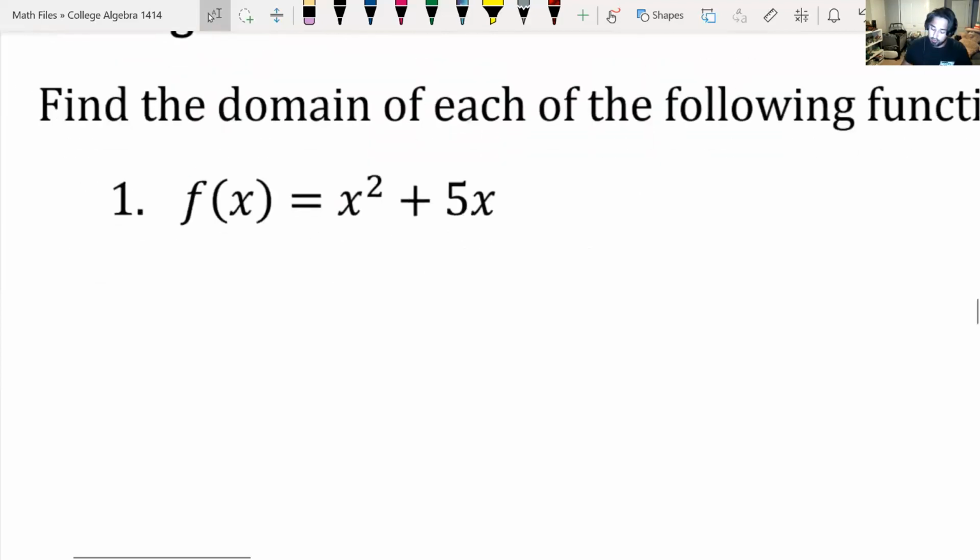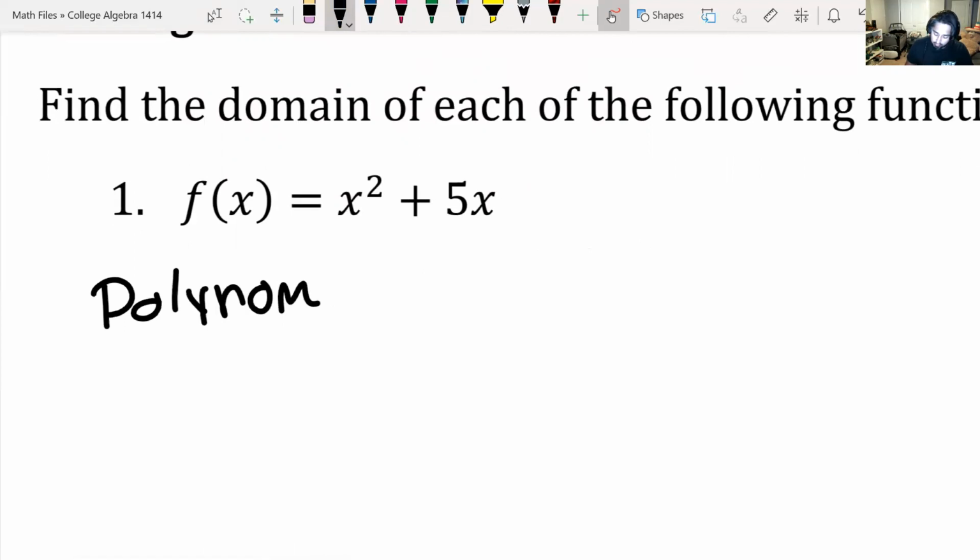This is called a polynomial function. And we've talked about polynomials before. We've mentioned it in class. What does it mean to be a polynomial? To be a polynomial means your degrees are whole positive numbers. They are called positive integers.